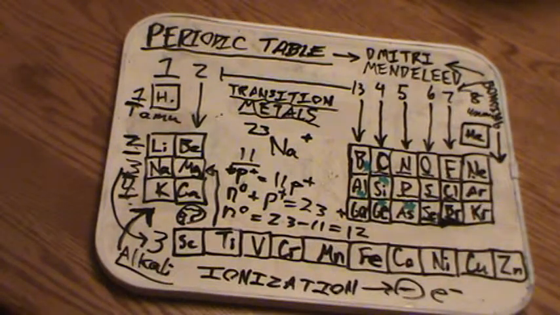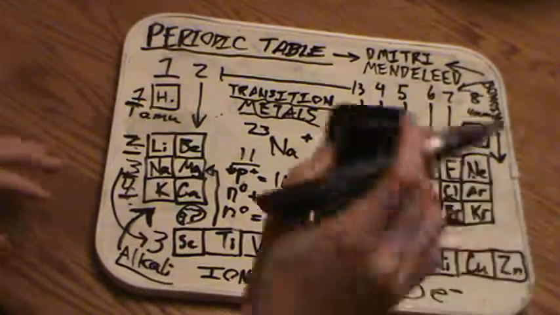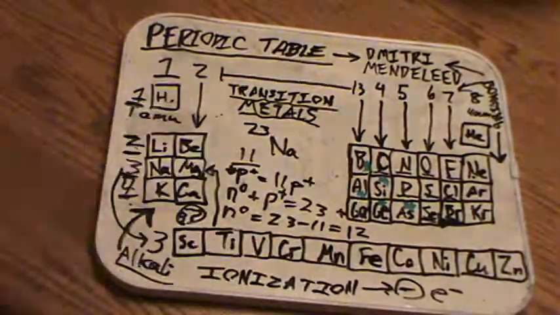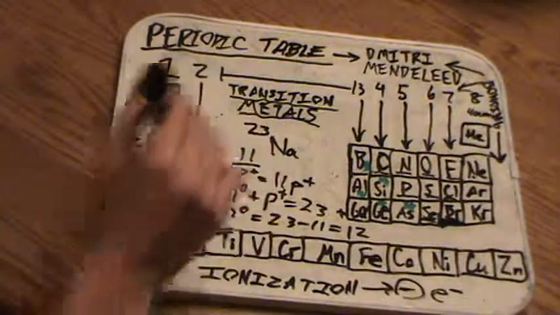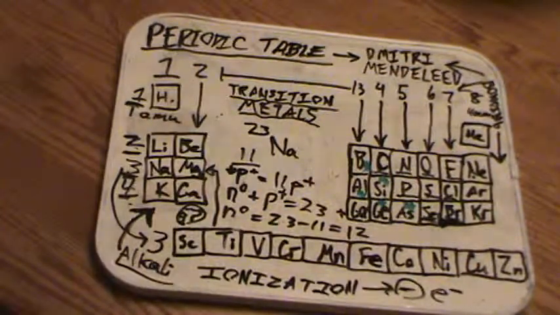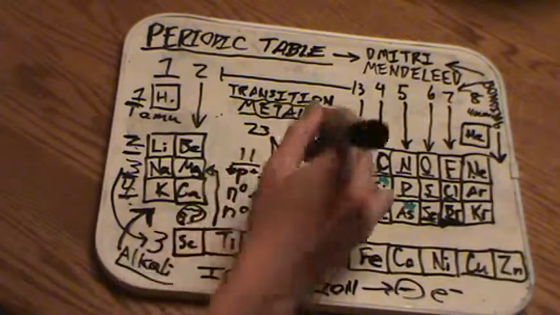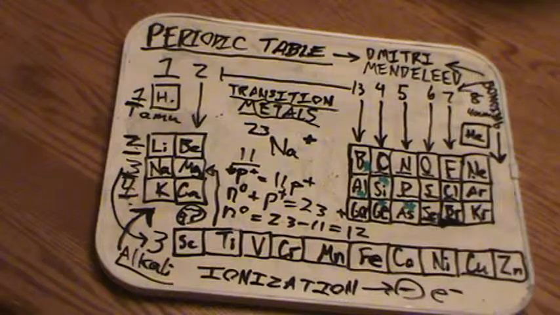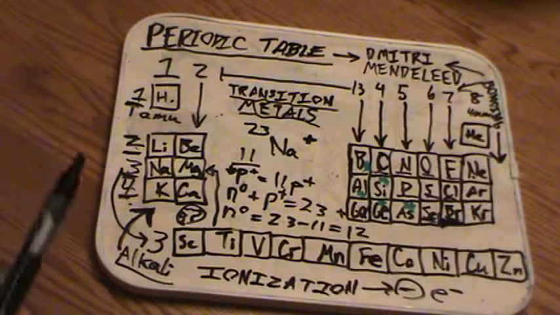Now finally, if we wanted to find the number of electrons, we know that normally, without this, let's erase this for a second, if we didn't have this plus here, if we didn't have a charged sodium, we would say that the number of protons is equal to the number of electrons. But because there is a charge here, what does that mean again? What it means is that it lost an electron.